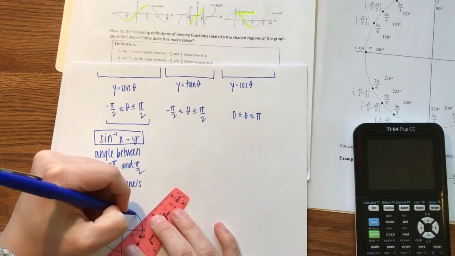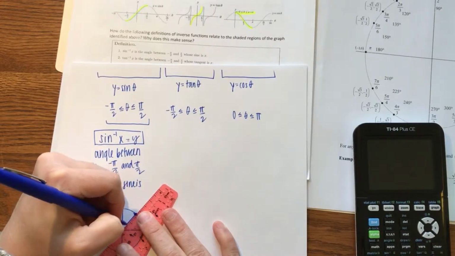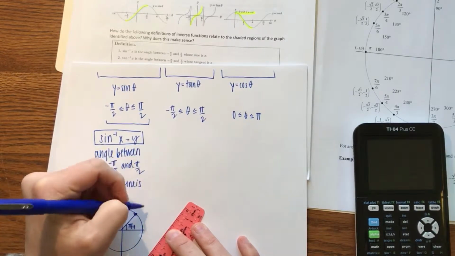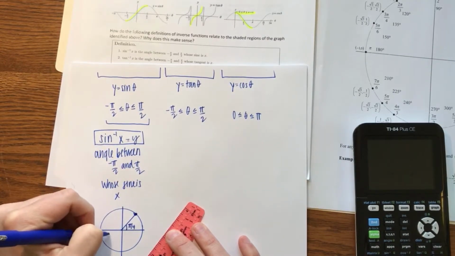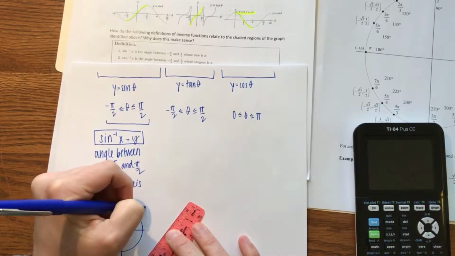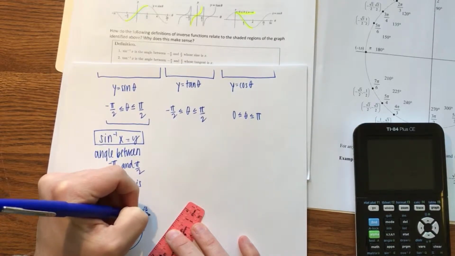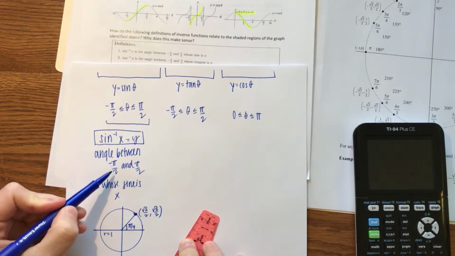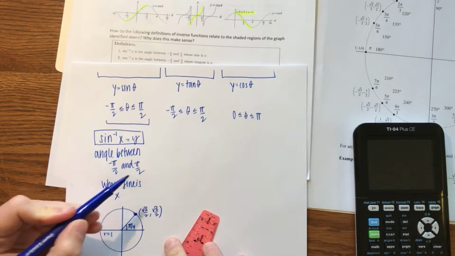So in this case, if we take one of the most standard angles, let's take pi fourths. I know the ordered pair on the unit circle when r equals 1. This ordered pair is square root 2 over 2 and square root 2 over 2. Okay. Angle between negative pi halves and pi halves.